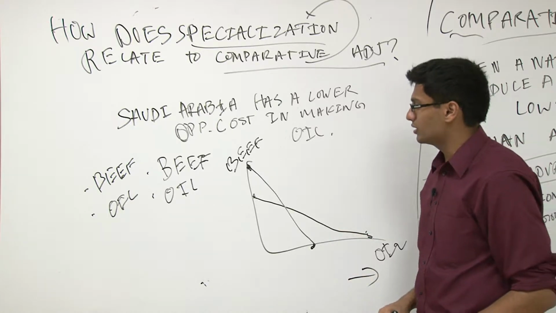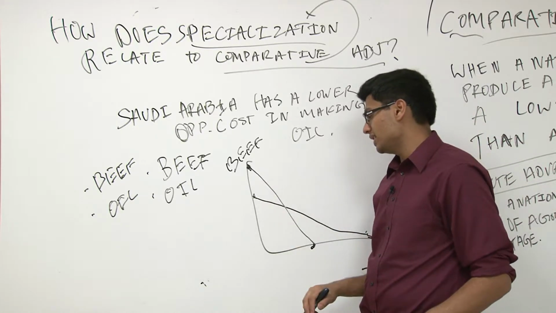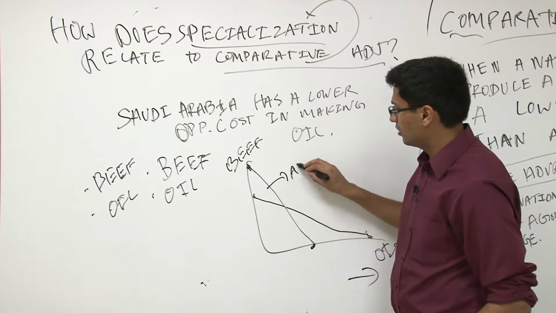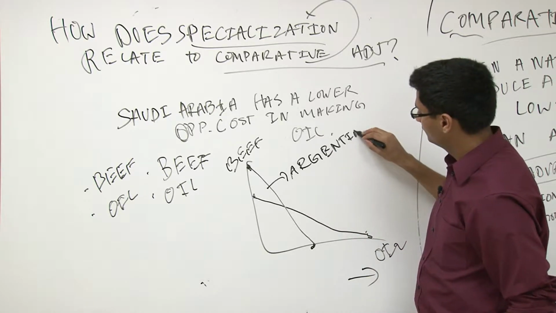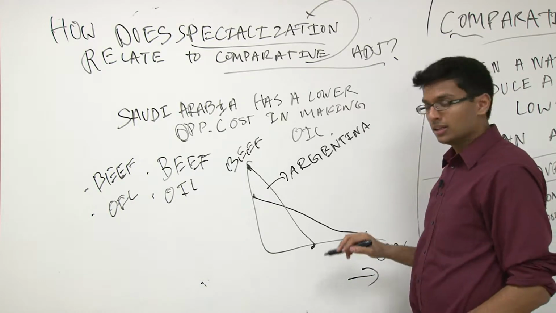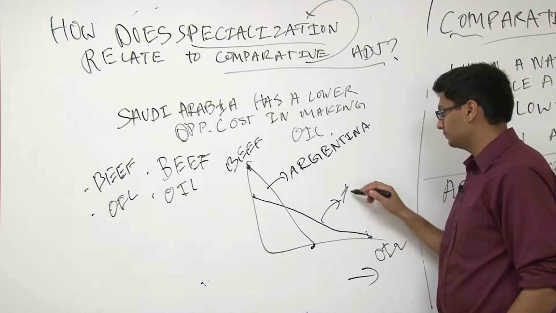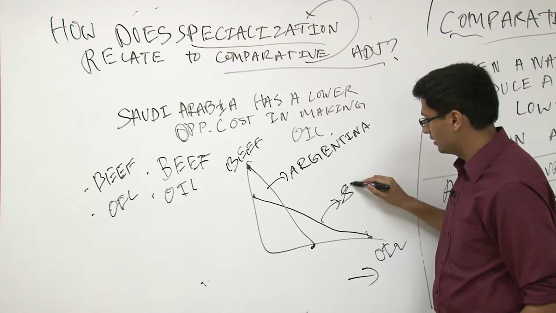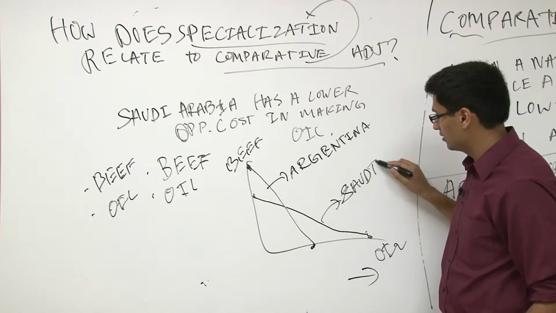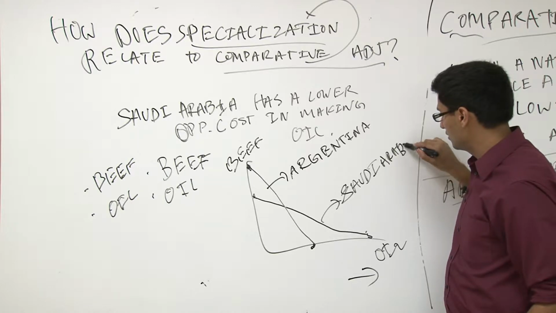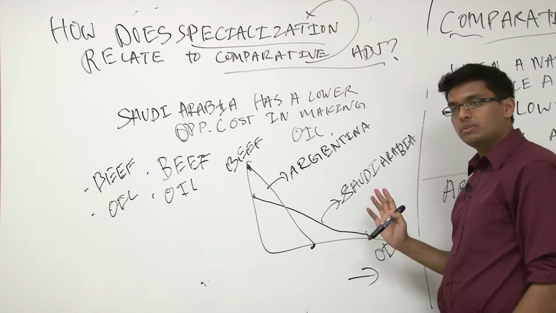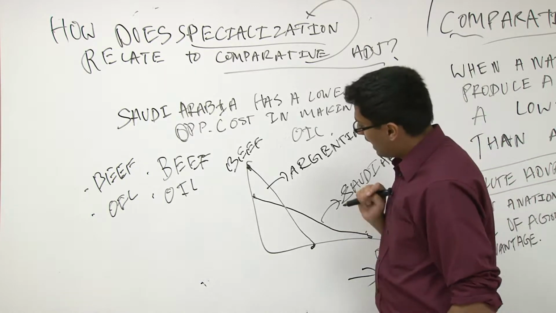So by the way, this is Argentina, and this is Saudi Arabia. So they both have different PPFs. Now here's the point.